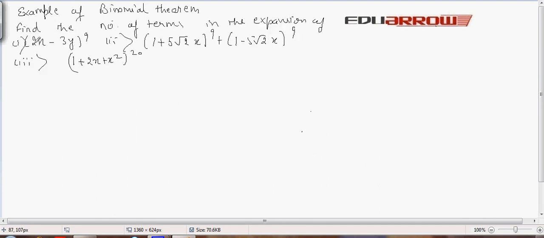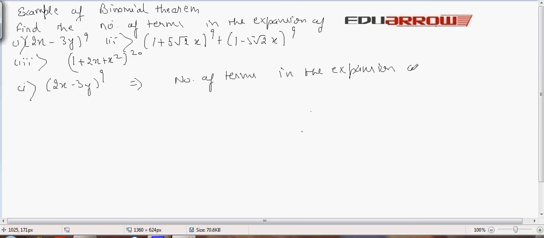Now we will discuss an example based on the binomial theorem. In this example, we have to find the number of terms in the expansion of each of these. Firstly, we will solve the first part, that is (2x − 3y)^9. As we know, the number of terms in the expansion of (x + a)^n is n + 1.